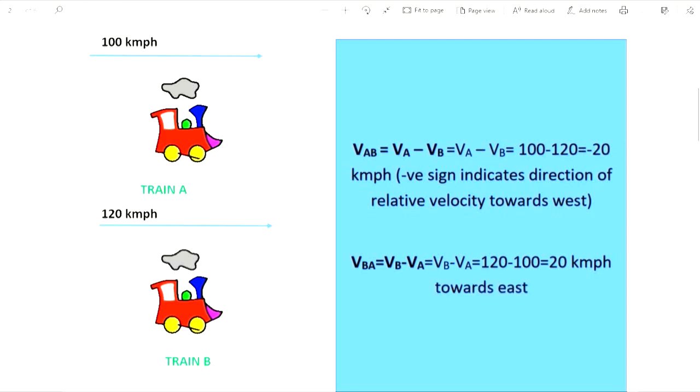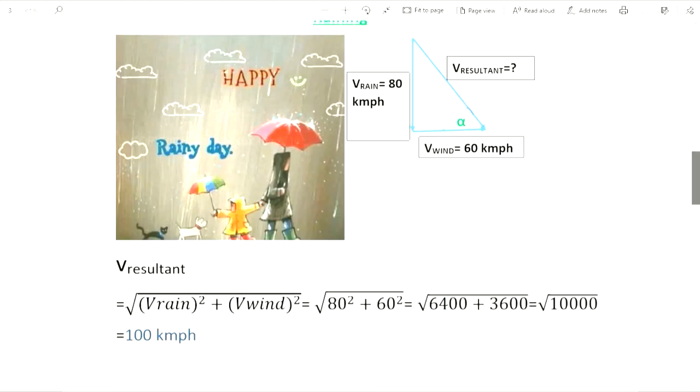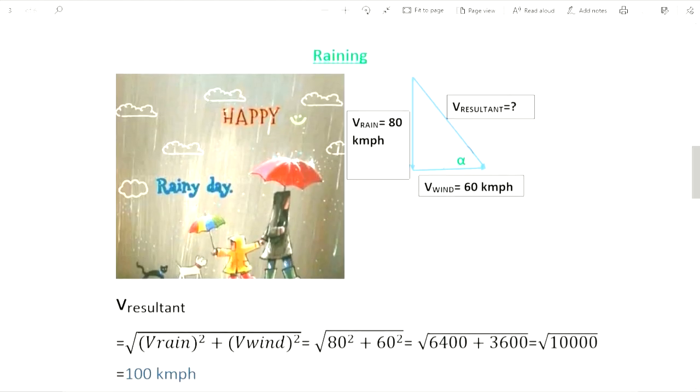Now if we talk about some more examples, like we can have the example of raining. In this example, rain is falling with a speed of 80 km per hour, wind velocity is 60 km per hour, and we have to find the resultant velocity. Now this is not the case of relative velocity only, this is a vector sum of two velocities.